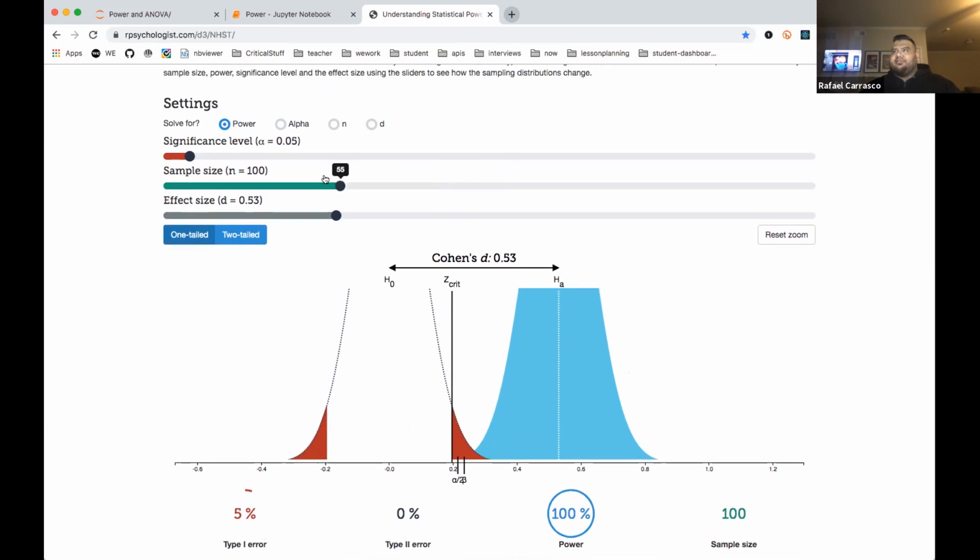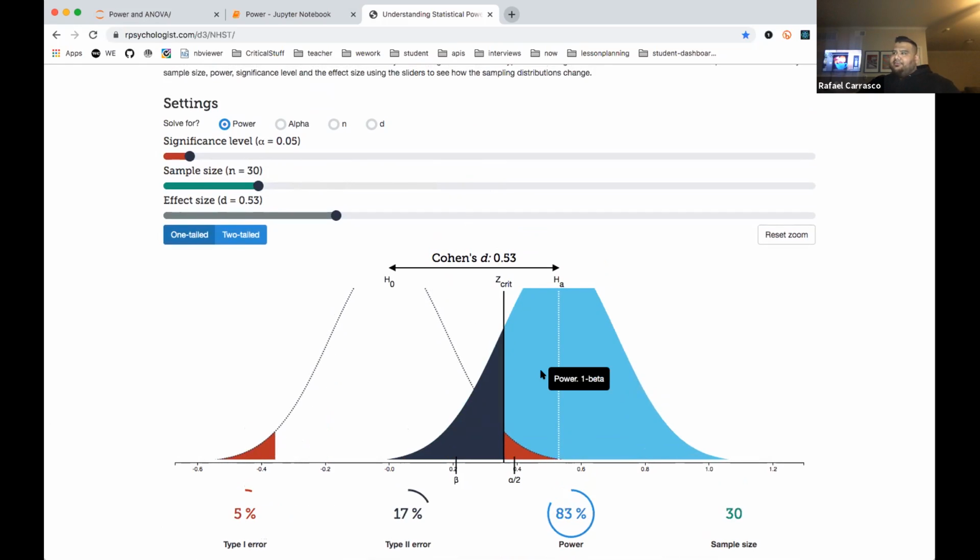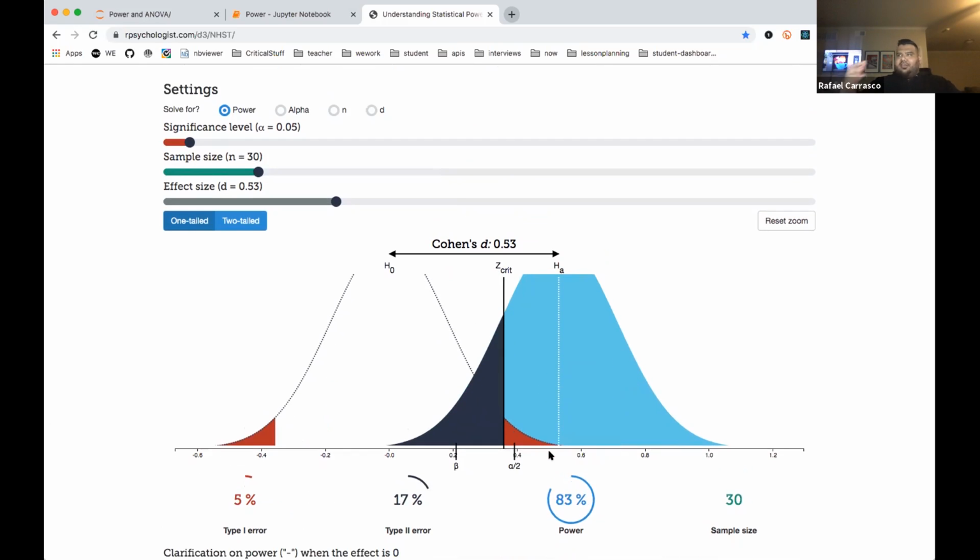Versus like if I only take 30 samples, now I have room for type 2 error. Why? What's going on here? Why do you think increasing samples decreases your type 2 error?